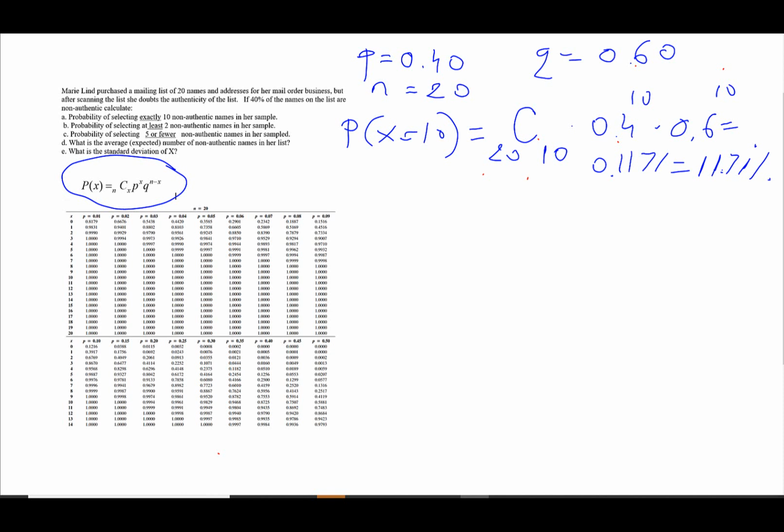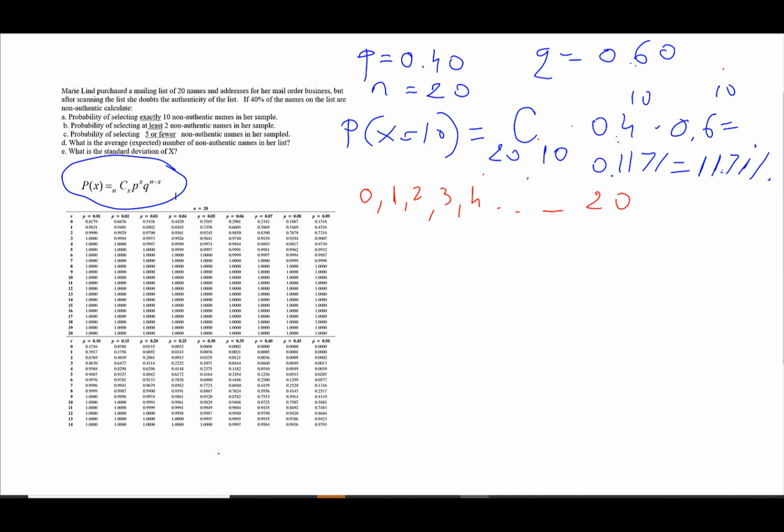For part B, we are looking to calculate the probability of selecting at least 2 non-authentic names on her list. So, what possibilities do we have to select non-authentic names? It can be 0 non-authentic, 1, 2, 3, 4, and so on up to 20.